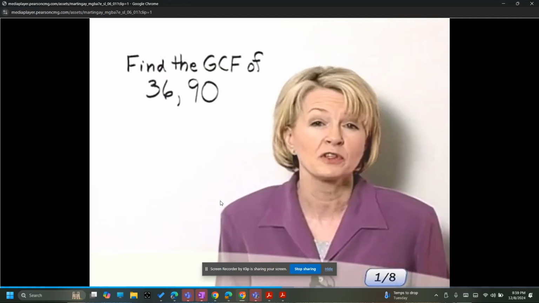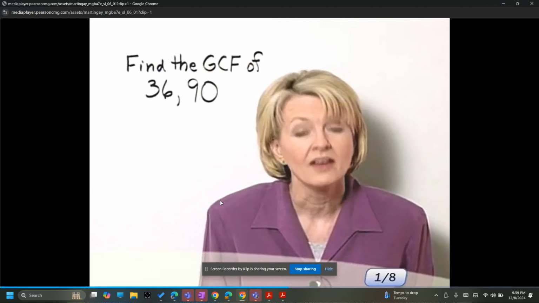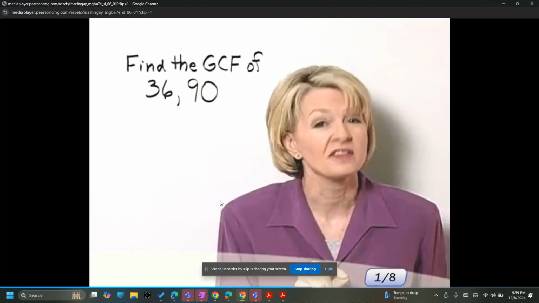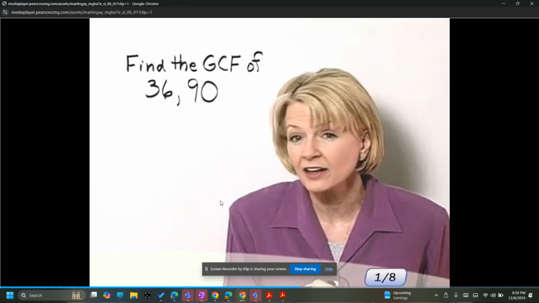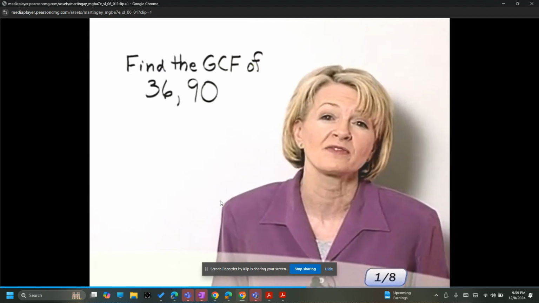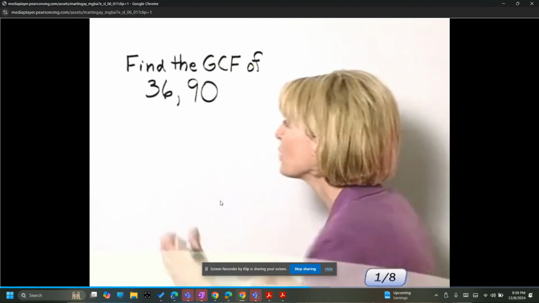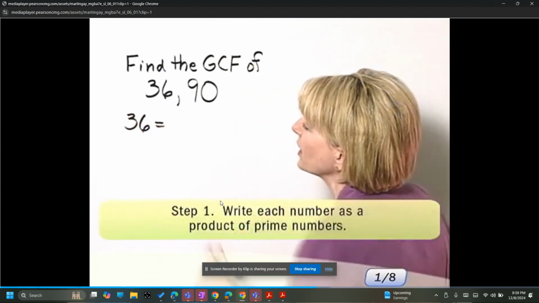So, for example, the smallest prime number is 2, then 3. 4 is not a prime number because 4 has factors of not only 1 and itself 4, but also 4 has factors of 2. So let's write 36 as a product of prime numbers.